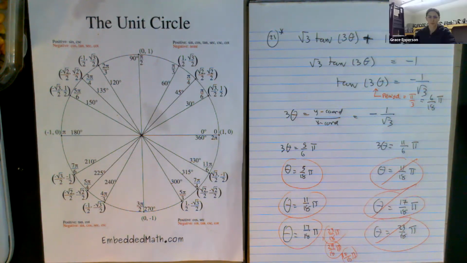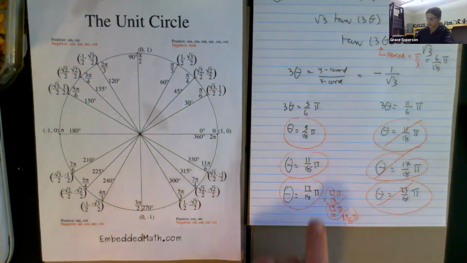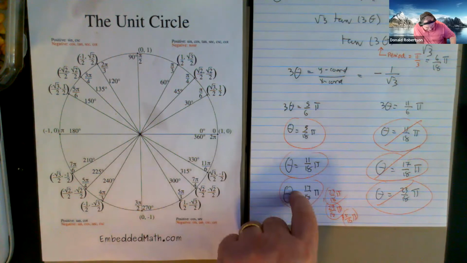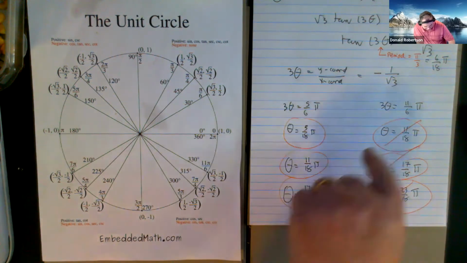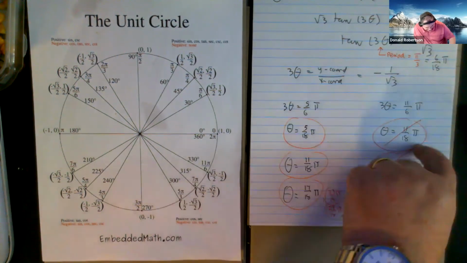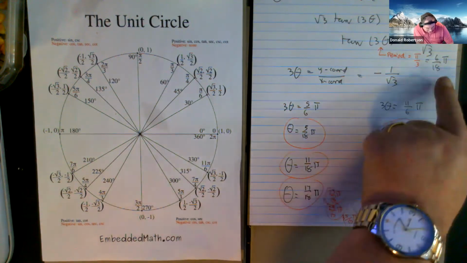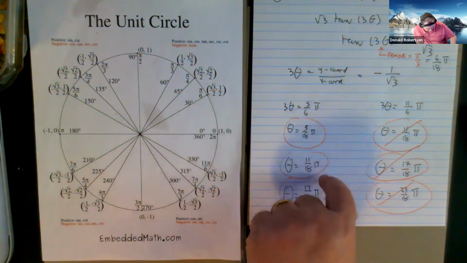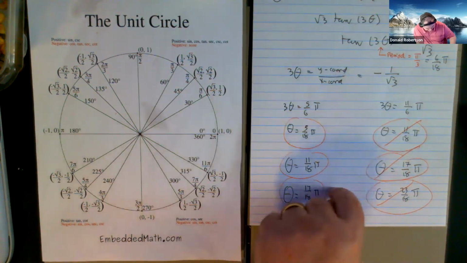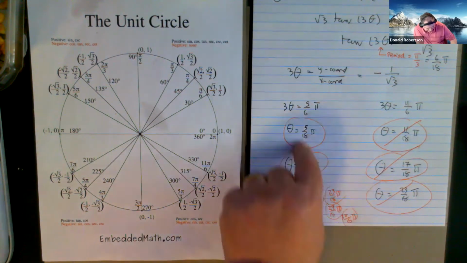Can you move your paper up, please? Sure. So this side here is the only one I need to worry about, because the other side just ends up giving me the same guy later on anyway. If you take these and keep adding on 1/3 of pi, you get these 6 answers, and we are finished.